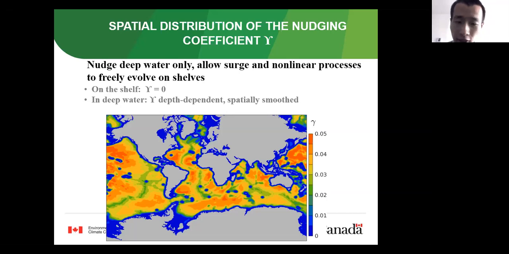Sorry, David, can you say that paper again? 2003, Carrere, C-A-R-R-E-R-E, and Lyard, L-Y-A-R-D. Geophysical Research Letters. Yeah, I think I saw that paper. It's mainly for the surges, right? Well, they've added the surges, but I think they've combined it with the tides.